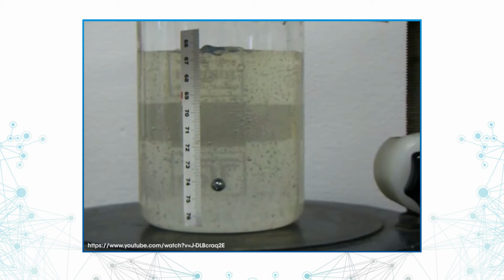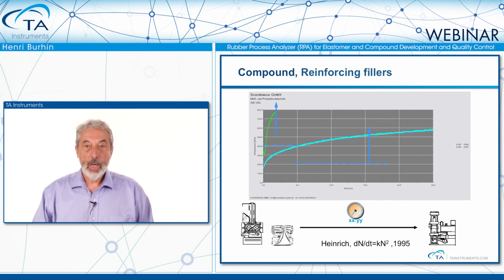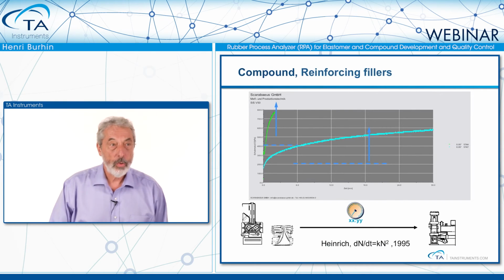That is typically what's happening with a rubber compound. It is also interesting to note that there's no moving air bubble inside the material. The viscosity is reduced by the shear between the sphere and the material.